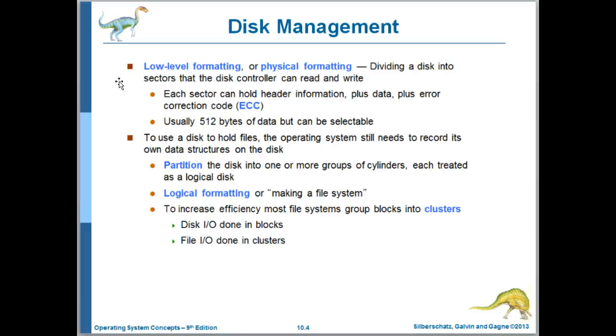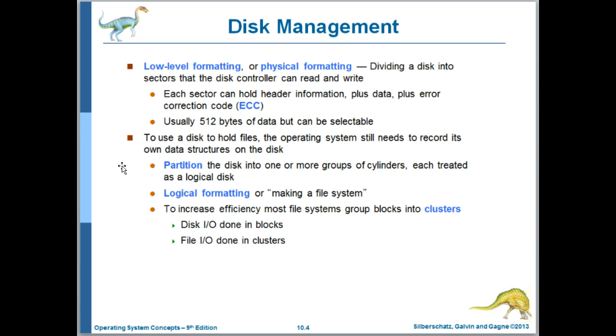old disks, low-level formats had to be applied from time to time as the read-write heads drifted with respect to the disk itself. Then the next stage in preparing a disk is partitioning it, which partitions it into groups of cylinders, each of which can be treated as a logical disk.